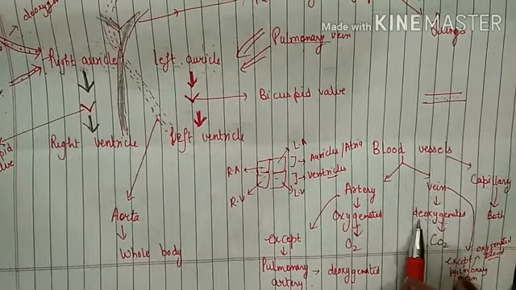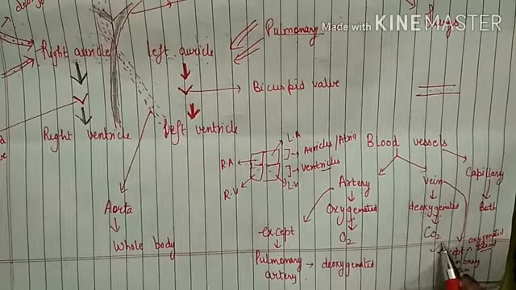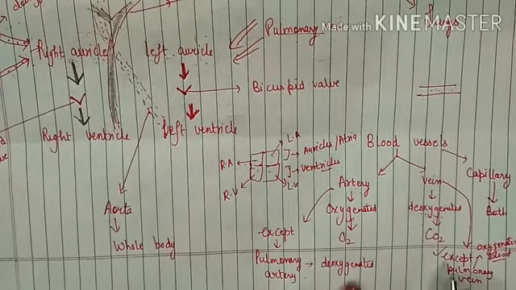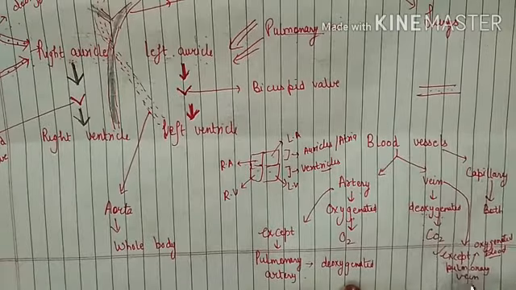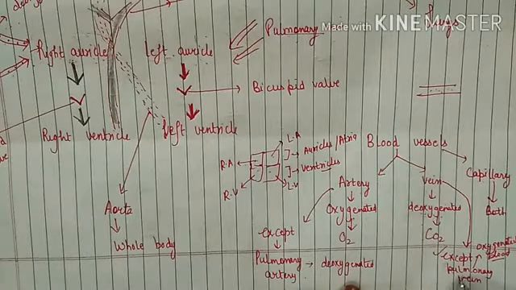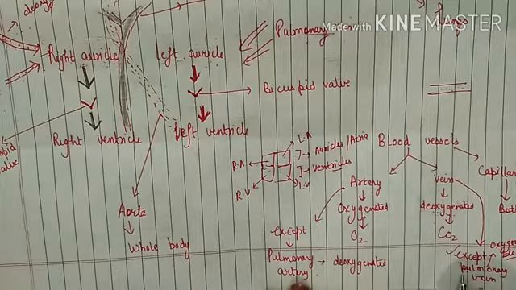And here the very important point that you need to remember is that the exception, the vein which will carry the oxygenated blood, is known as the pulmonary vein. So the very important point to be noted here is that the pulmonary vein carries oxygenated blood.